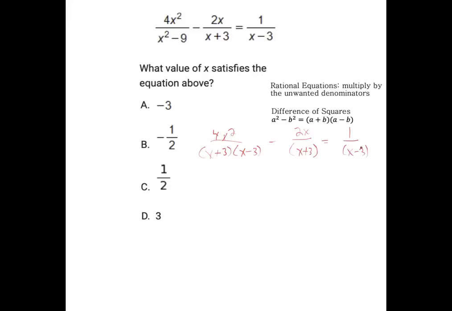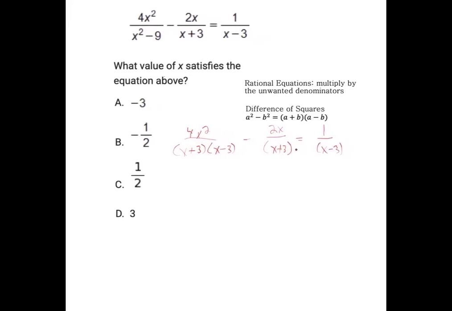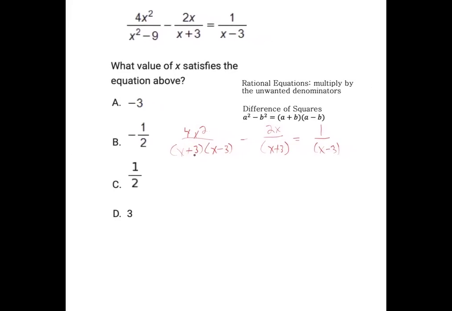So we said that for rational equations, we want to multiply by our unwanted denominators. So we have two unwanted denominators. We have x minus 3 and x plus 3, and we're going to multiply by them both. Actually, let's show that a little bit better.